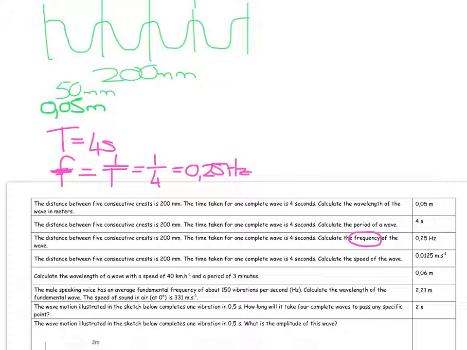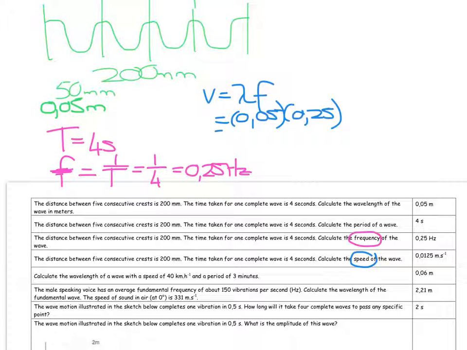And finally, what is the speed of that wave? Now, speed v is equal to lambda f, and the lambda must be in meters, but we've already calculated that. The frequency must be in hertz, which we've already calculated, and you land up with an answer of 0.0125 meters per second.